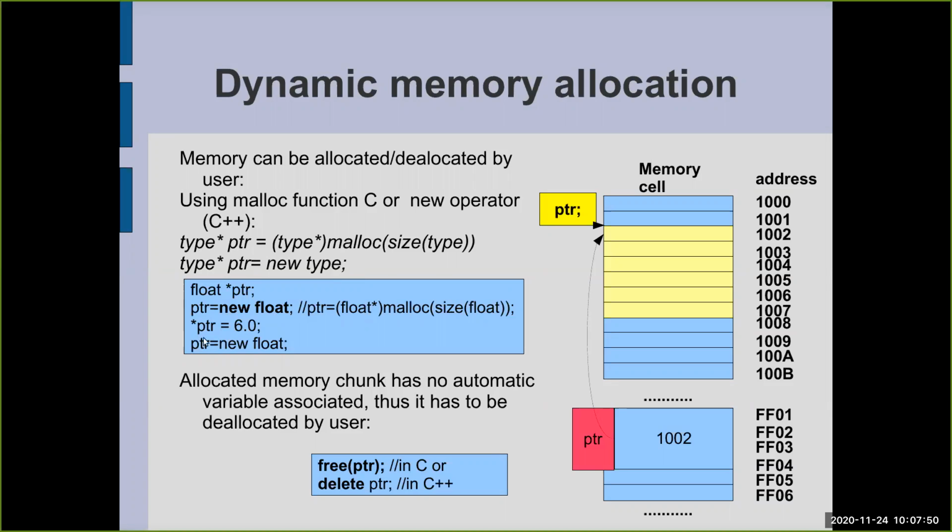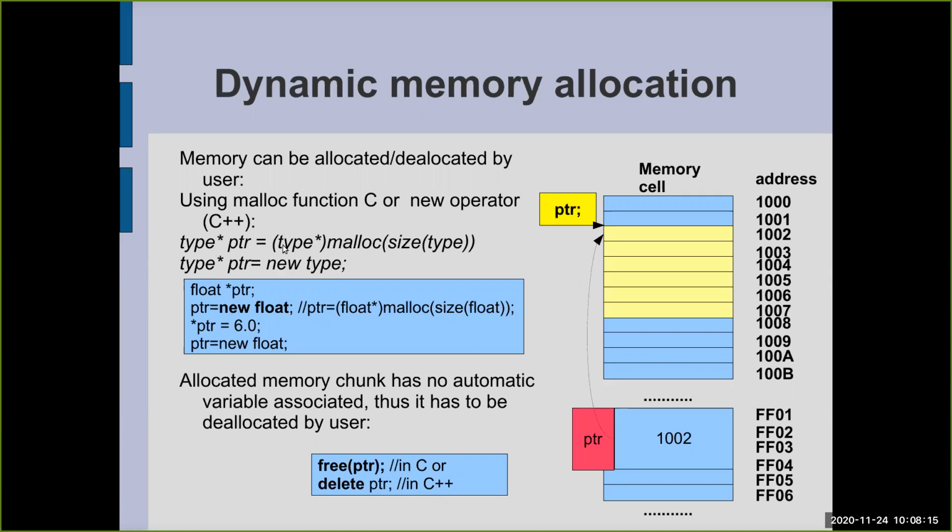So if I have a pointer, I can modify value under this address. So new and type. So this is general rule how we can allocate memory for any type.